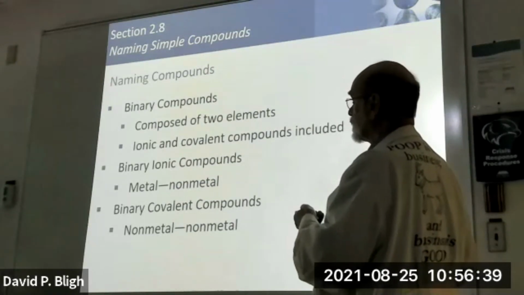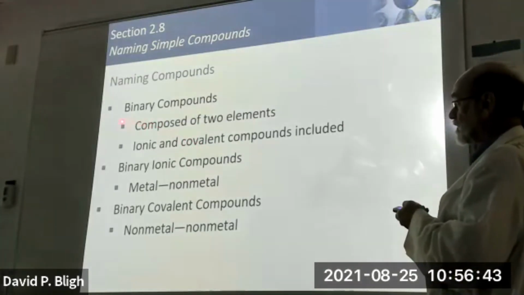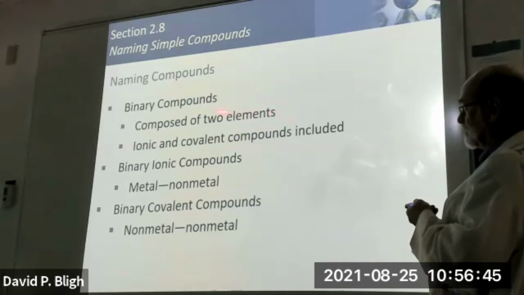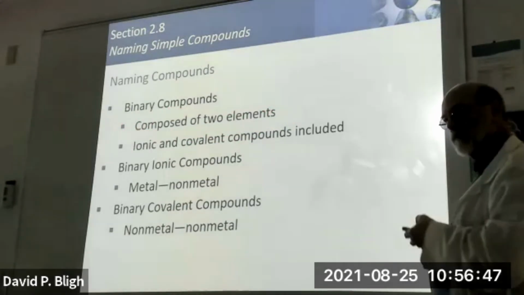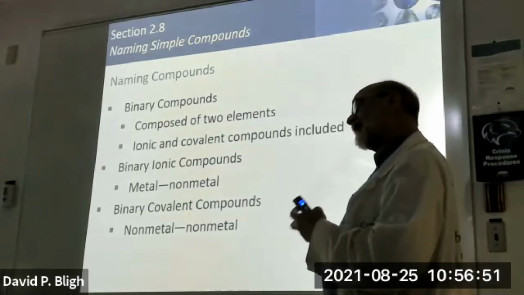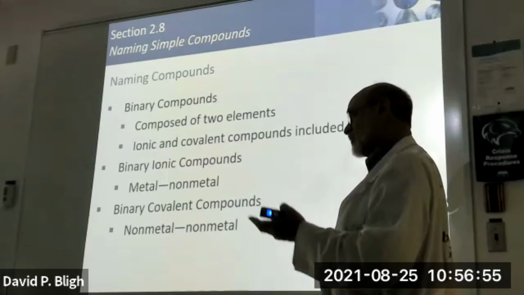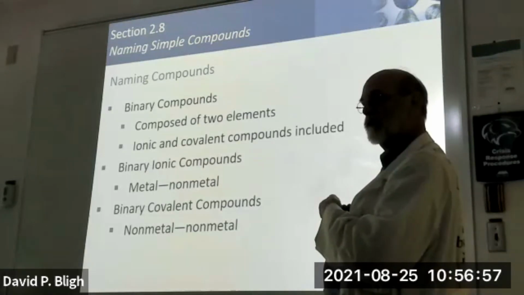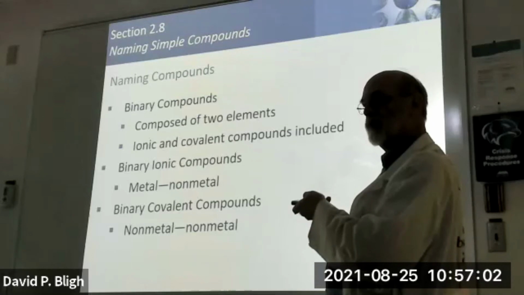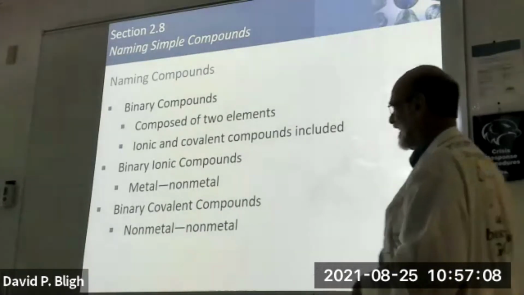Now, the authors of the textbook and the slides say they're composed of two elements, but actually they're composed of two parts. In the beginning, they're just elements, but sometimes either the first part or the second part can be a polyatomic, and then we'll complicate it with polyatomics.